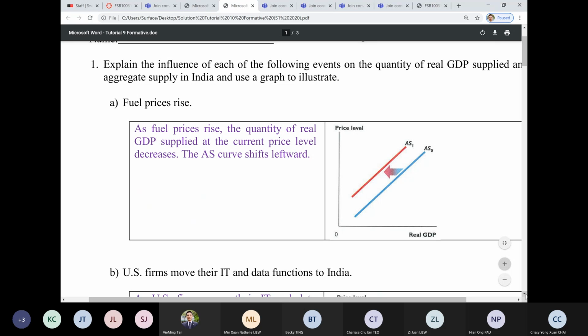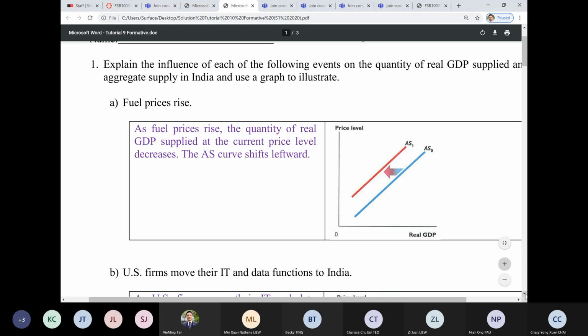So what is the implication? That means there are more resources now, and these resources actually are from US companies. US companies transfer some of the resources to India. So that means India has more resources now for IT and data function.